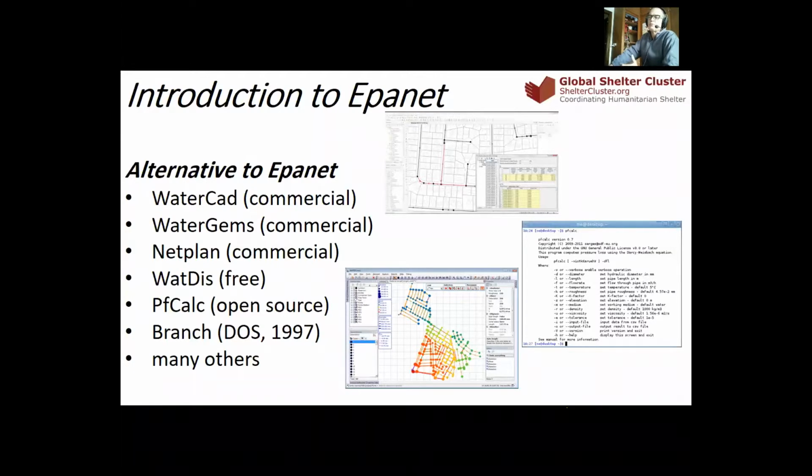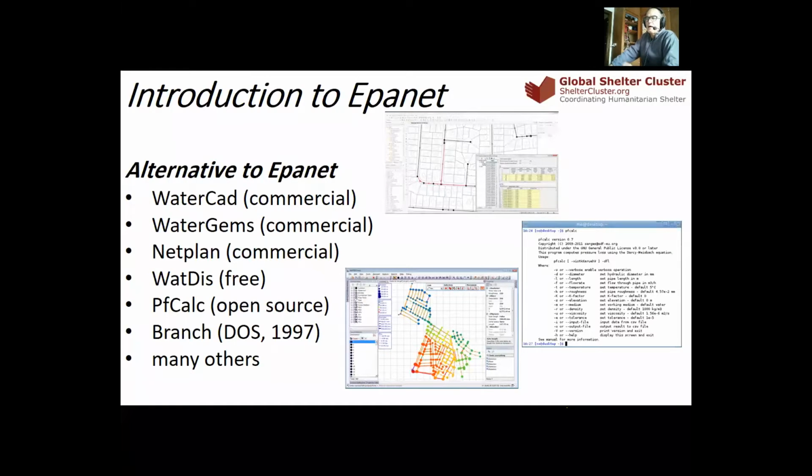Here we have a list of the main software that can do the same as Epanet. Some of them, the best ones, are commercial as well, very expensive. Maybe just one name on this list, WhatThis. WhatThis is actually like Epanet, but a little bit more user-friendly.